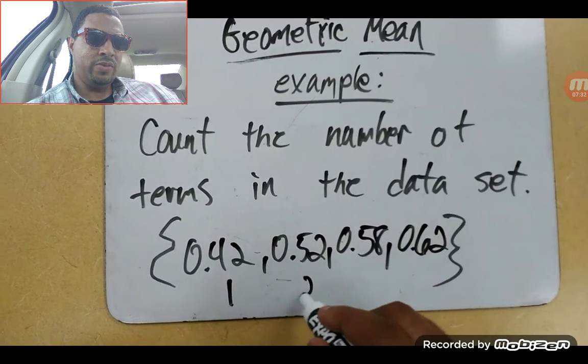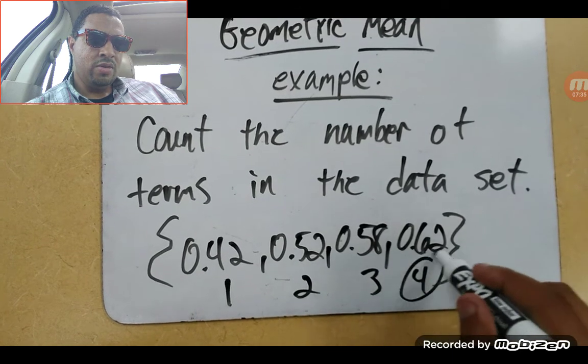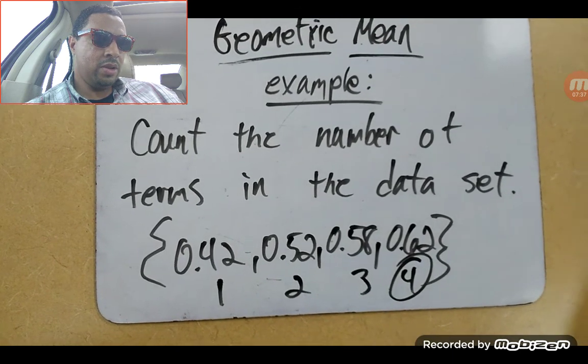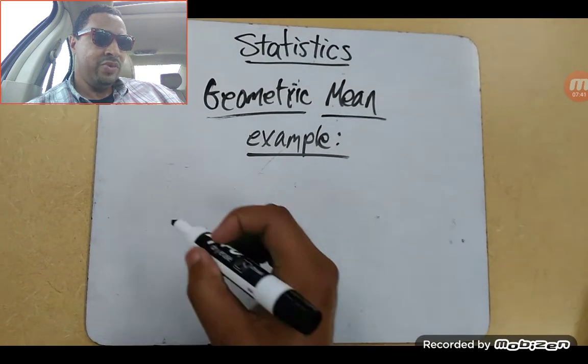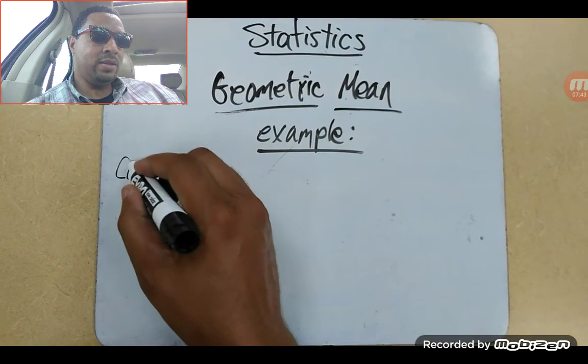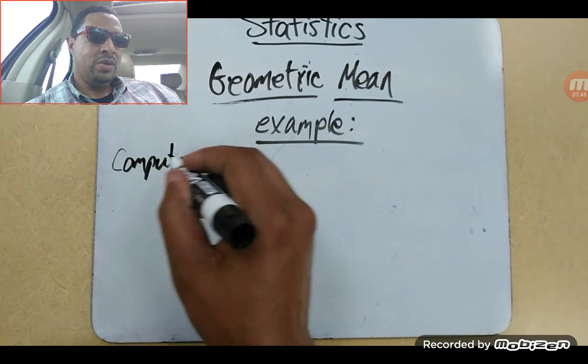And we count 1, 2, 3, 4. That's the number of terms in the data set. So we're going to take that number, and that's going to equal our n. n equals 4 at this point.